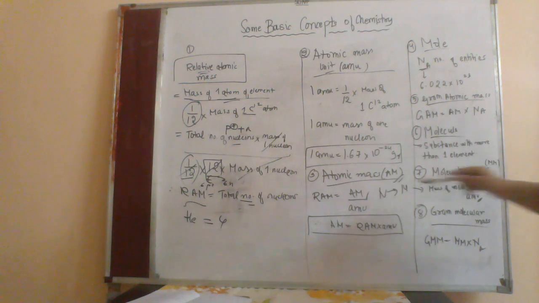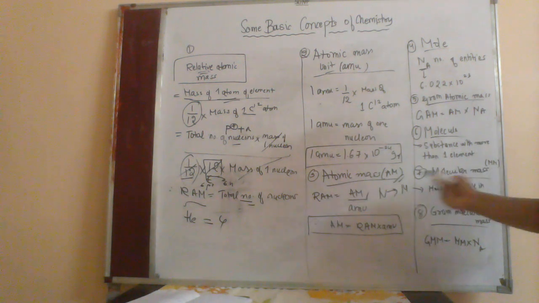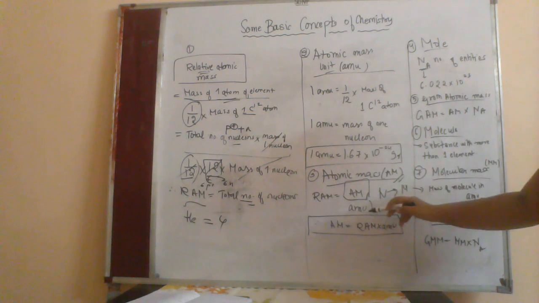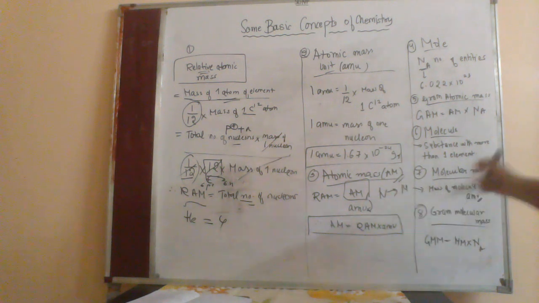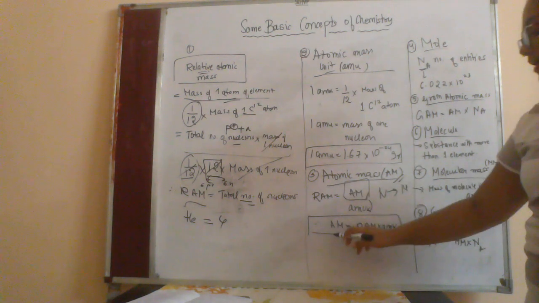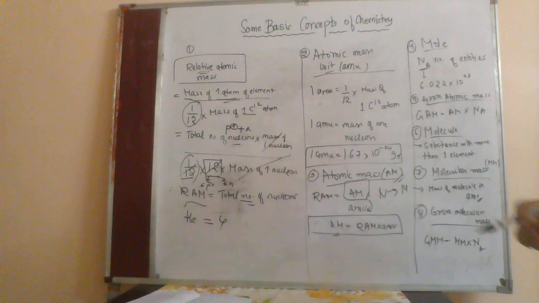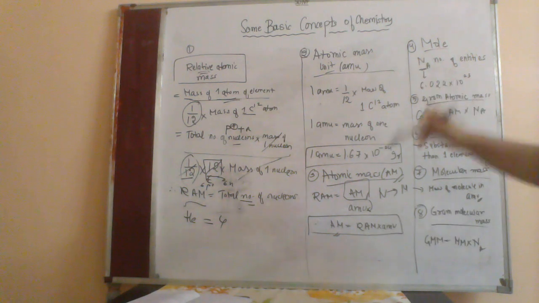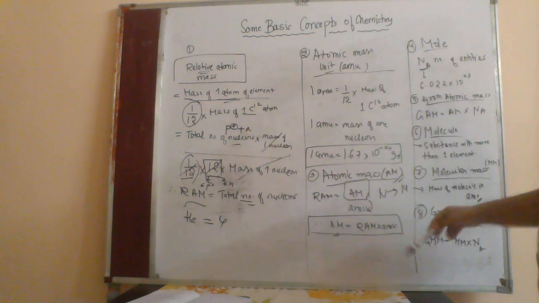That is, relative atomic mass is equal to the atomic mass of an element divided by AMU, the atomic mass unit. Therefore, from this formula we obtain the formula for atomic mass, that is RAM, the relative atomic mass, times the second point that we studied, that is AMU.